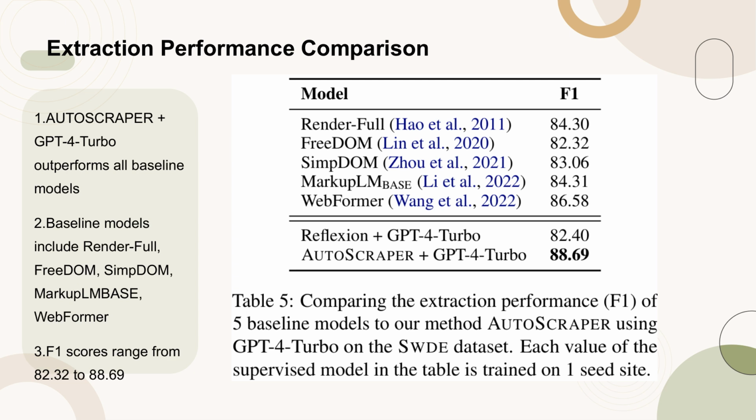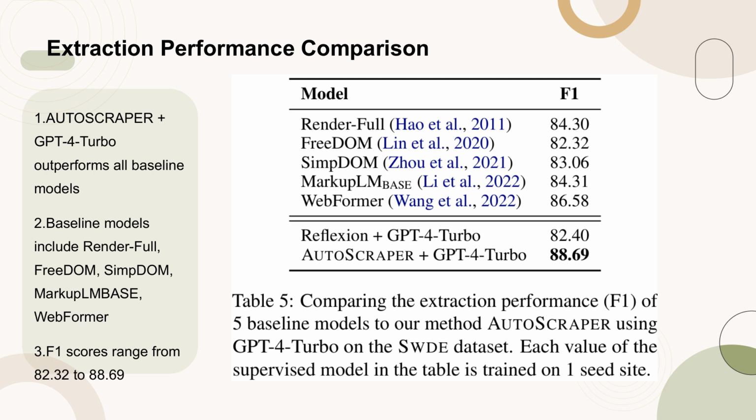Table 5 presents a comparison of the extraction performance, measured by F1 scores, of 5 baseline models against our method, AutoScraper combined with GPT-4 Turbo, on the SWD dataset. The baseline models, which include RenderFull, Freedom, SimDLM, MarkupBase, and WebFormer, were each trained on one seed site.